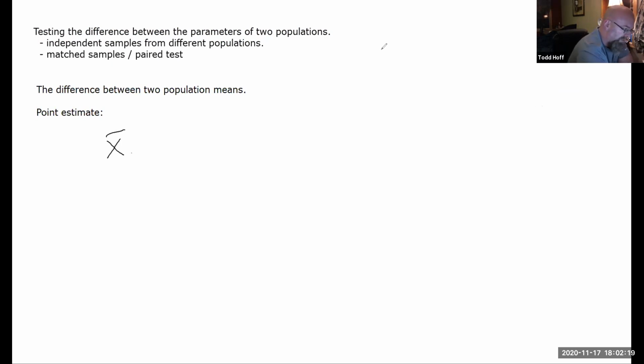We're going to take a sample from the first population and calculate its mean. That'll be x bar 1 minus, we'll take a sample from the second population and calculate its mean. That'll be x bar 2. Well, that'll be our point estimate for mu1, which would be the actual mean of population 1, minus mu2, which would be the actual mean of population 2.